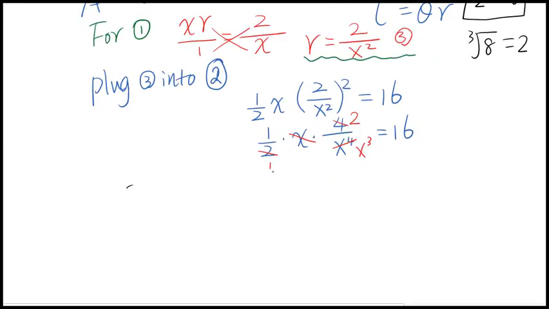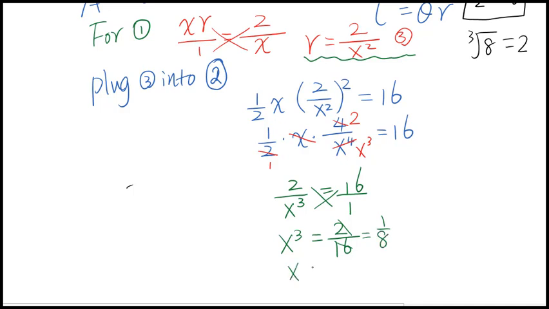On the left side, you will get 2 over x to the 3rd power equals 16. Then we cross multiply again. x to the 3rd power equals 2 over 16, then reduce, equals 1 over 8.